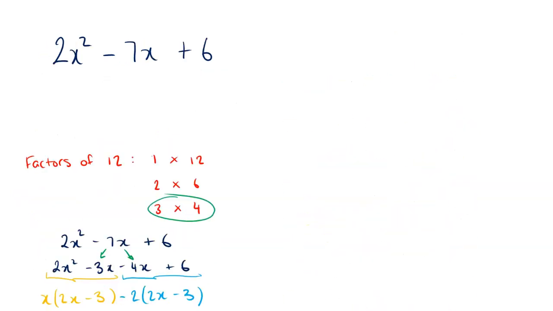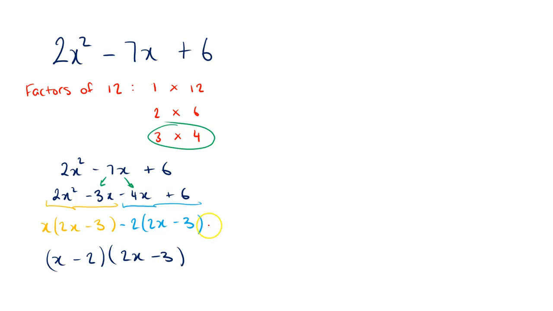Now, as promised, I'm going to explain to you this step here, because sometimes students don't understand why we are doing that. Why is it the case that one of the brackets will be this thing here, and then the other bracket is going to be these two parts here? Now, what I'm going to do is rewrite this equation like this. I'm going to write it as x times y minus 2 times y.